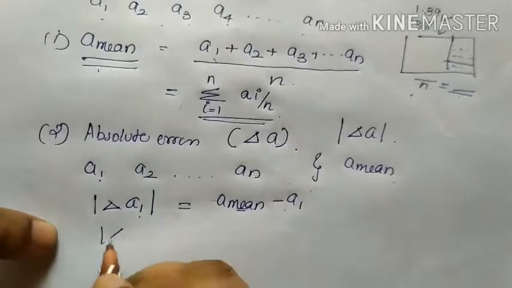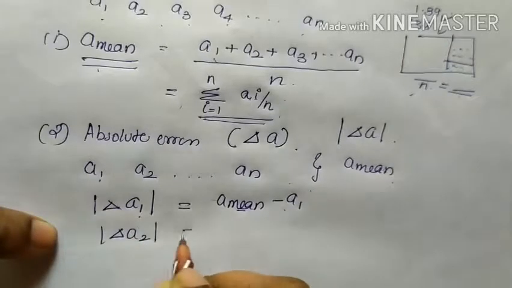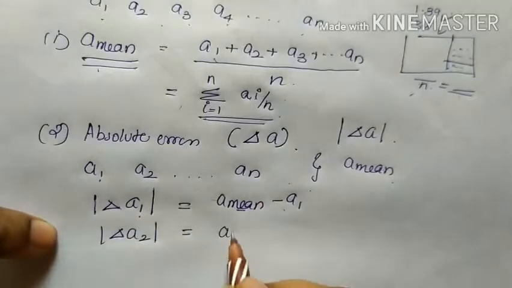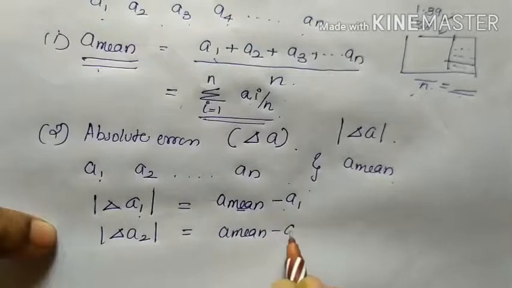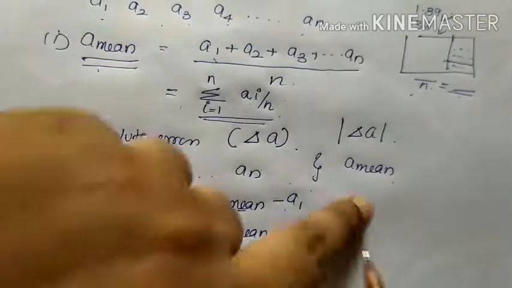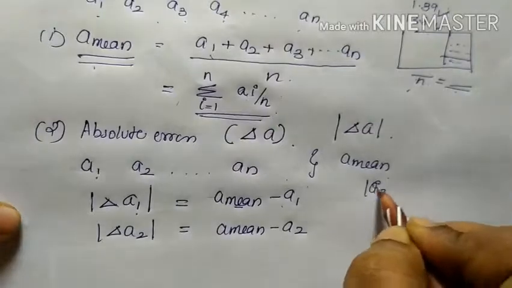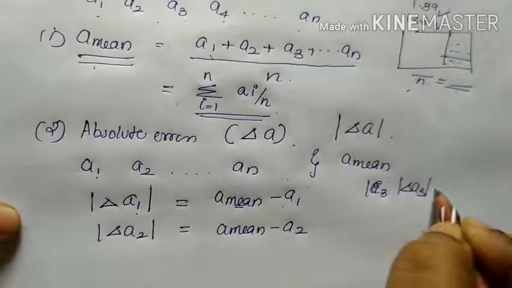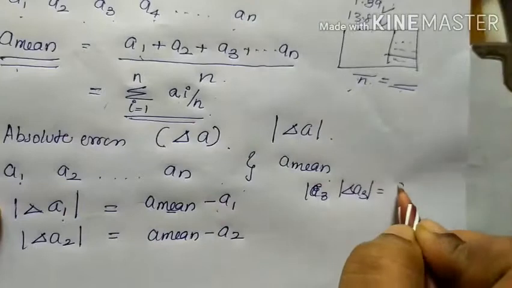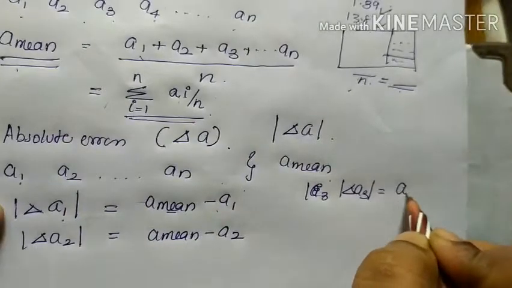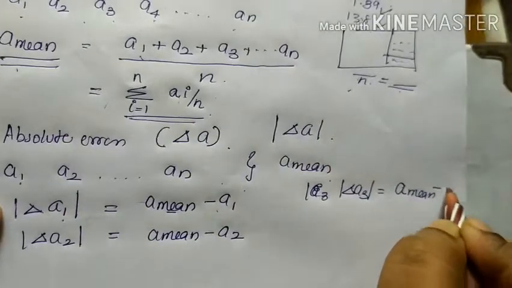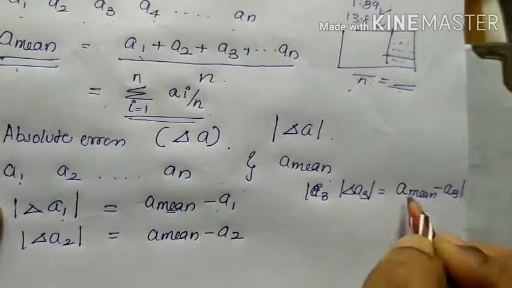So what will be delta A2? The absolute error of the second measurement will be the true value minus A2, showing how much deviation each reading has from the true value. Similarly, what is delta A3? Delta A3 will be A mean minus A3.